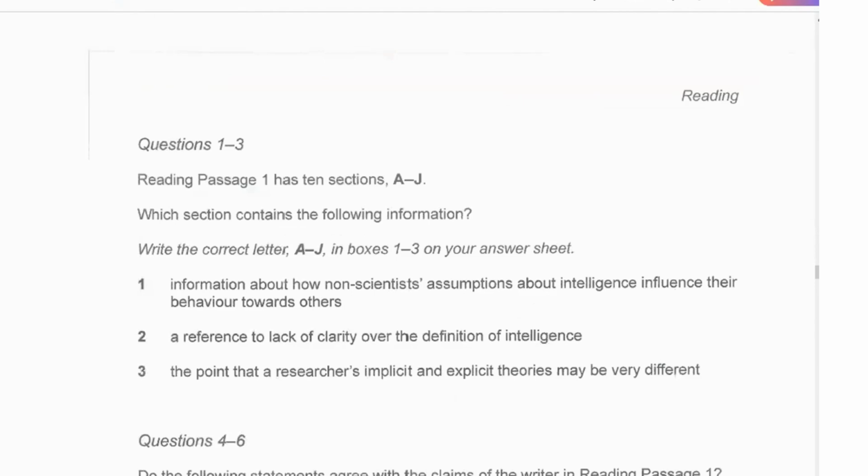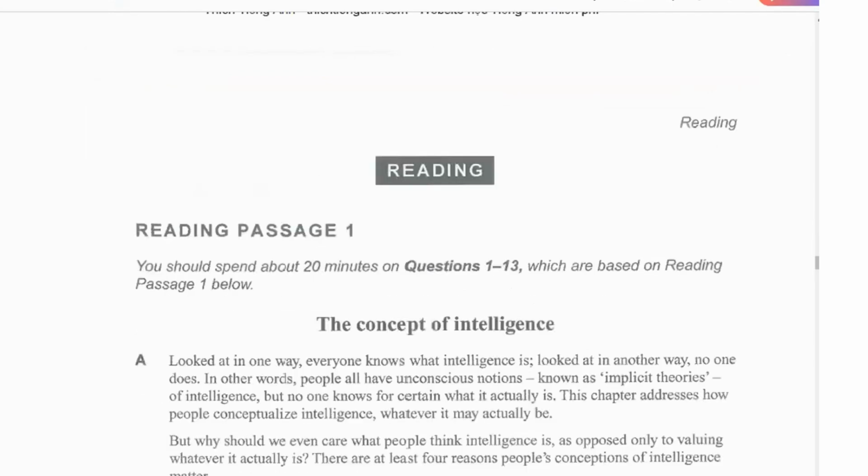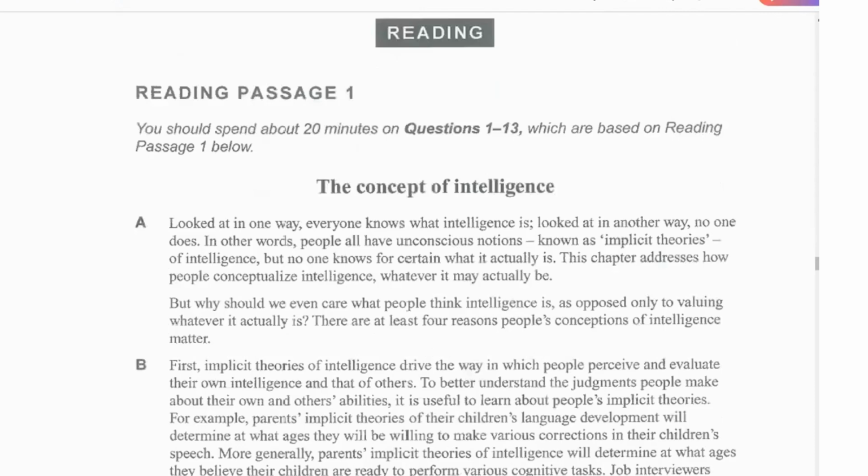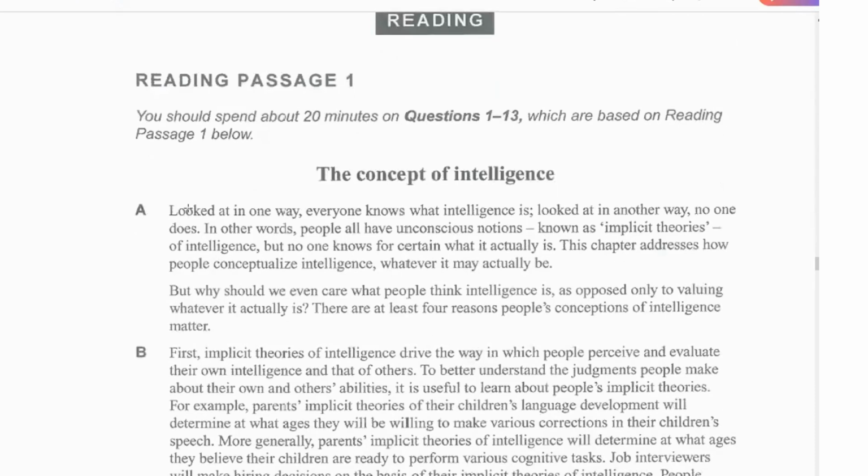Paragraph B. Then number 2, a reference to lack of clarity over the definition of intelligence. Lack of clarity over the definition of intelligence. Definition, where did they define intelligence? Looked at in one way, everyone knows what intelligence is.